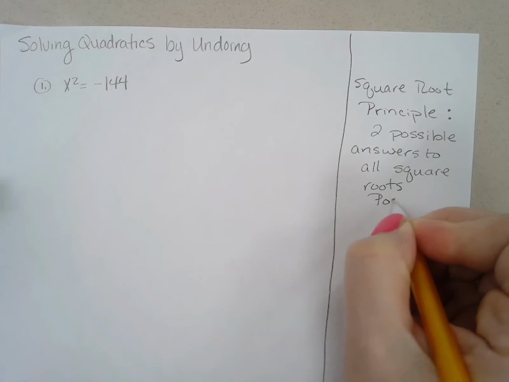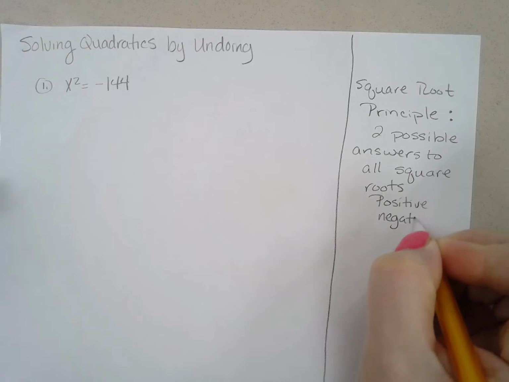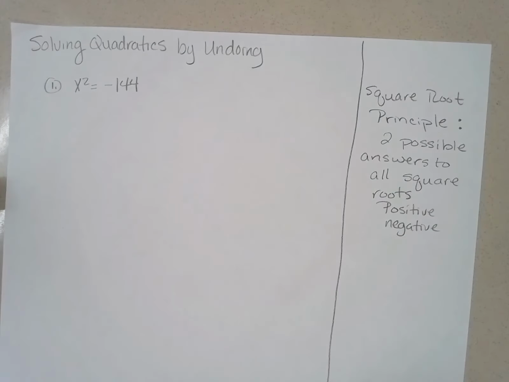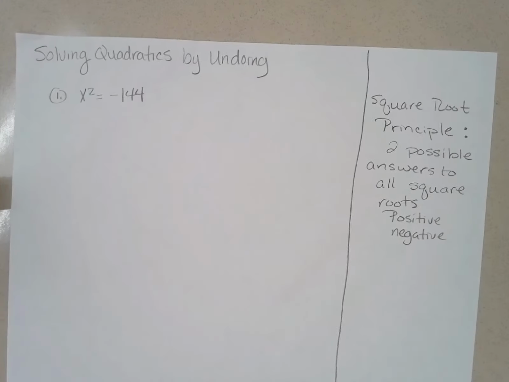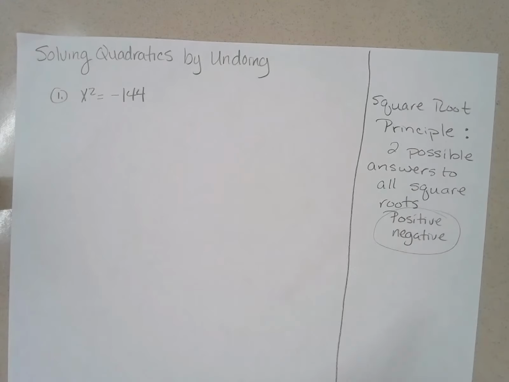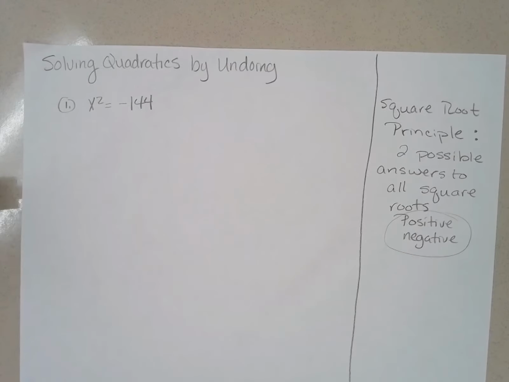There's a positive answer and there's a negative answer. So when you do the Pythagorean theorem, you only use the positive answer because you can't have a length that's negative. But when you're solving quadratics, we use the square root principle because you can have a positive answer and a negative answer, because the x-axis goes in both directions. And remember, that's what we're looking for. We're looking for where it intersects.